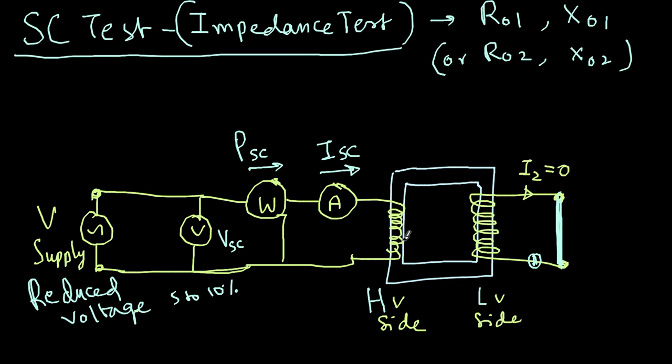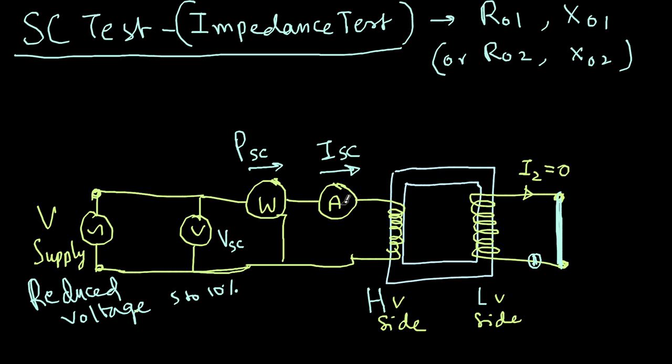Now the argument is that because the voltage is less, the flux is less, and because the flux is less, the iron loss is negligible actually. Even under normal conditions, at full rated voltage, the no-load current I naught is anyway 1 to 2% of the full load current. But with reduced voltage, the effect is even more severe. So there is no iron loss in the core.